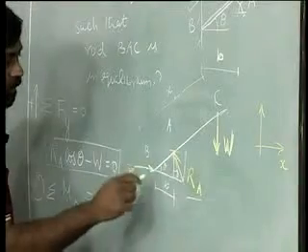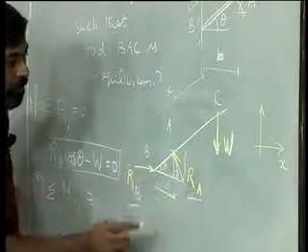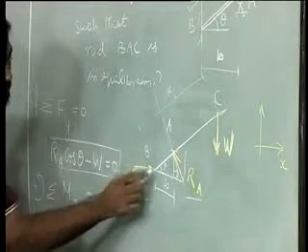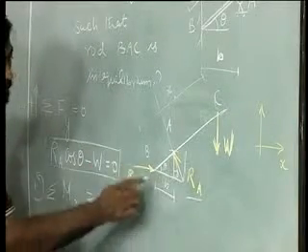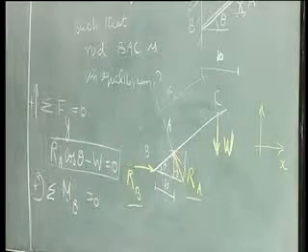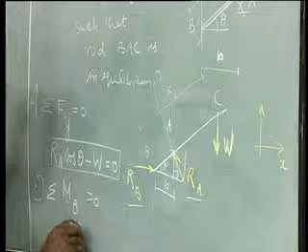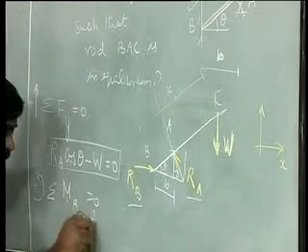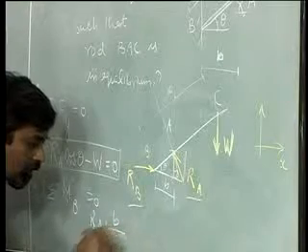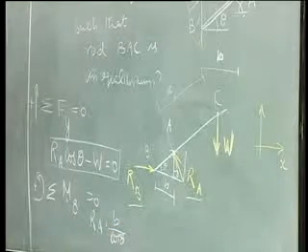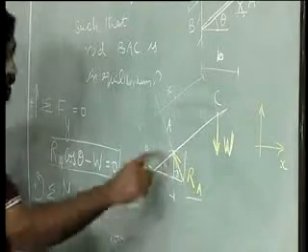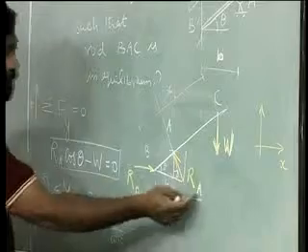About this, I have to take moment of this, I have to primarily take this distance, which is this distance. If this is B and this is theta, this will be B by cos theta, and therefore I have RA times B by cos theta as one of them, B by cos theta, and that will give me a moment of this.